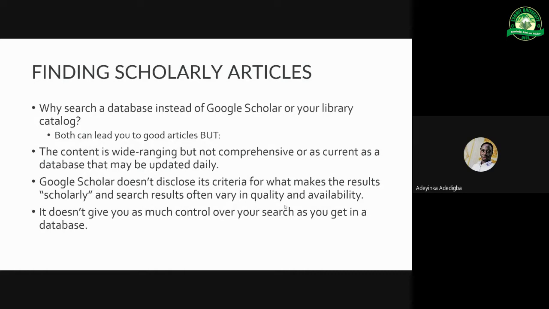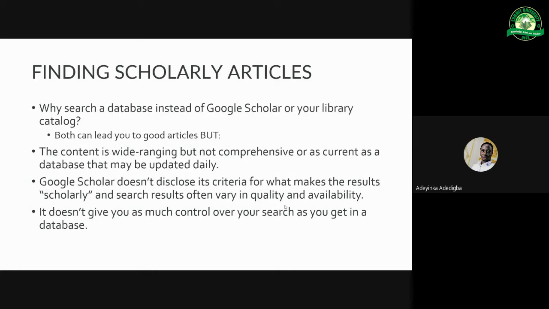The reason is that Google Scholar is not updated daily. Now, Google Scholar doesn't disclose its criteria for what makes a result scholarly. In fact, sometimes the results Google Scholar brings include patents, and you'll be wondering, what do you want to do with patents? Also, the research often varies in quality and availability. The fact that you see a paper in Google Scholar does not mean that you can have access to it, talking from a Nigerian perspective.